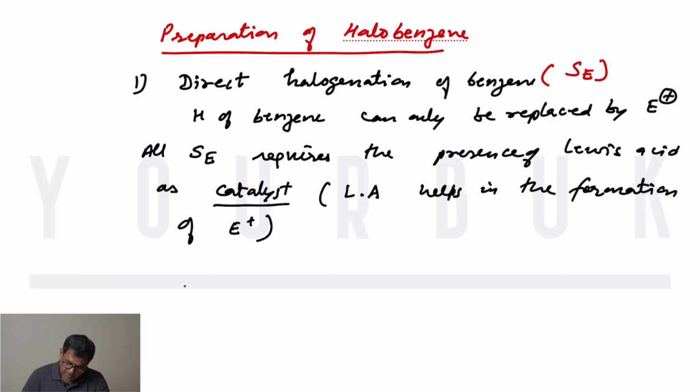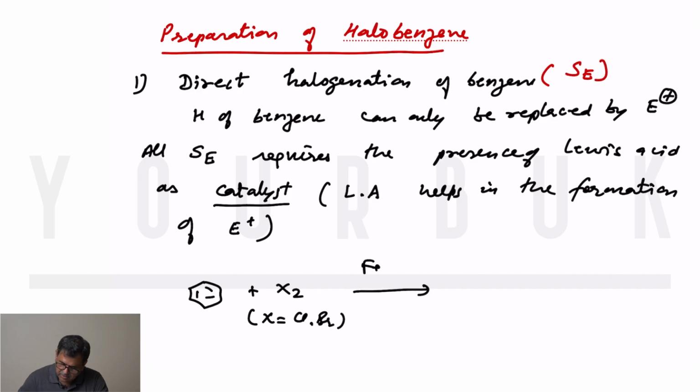For example, we react benzene with X2, where X can be chlorine or bromine, in the presence of FeX3 as a Lewis acid catalyst. It gives halobenzene, and the side product is HX.